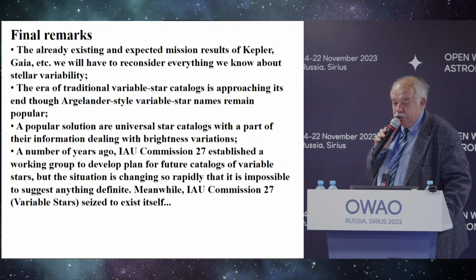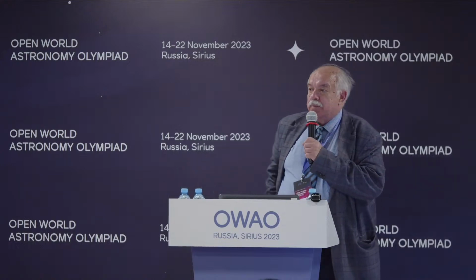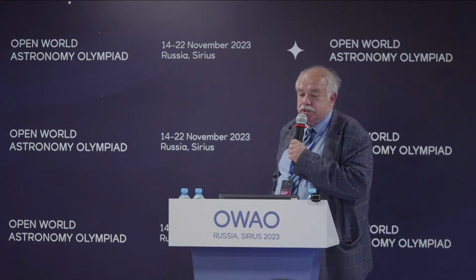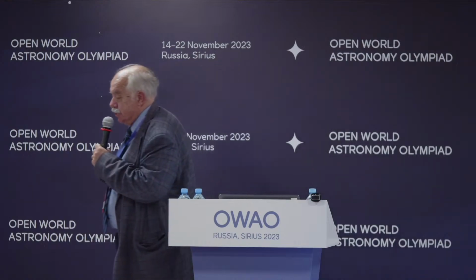And the International Astronomical Union, something like 15 or 20 years ago, began to think seriously about that. There was Commission 27, Variable Stars, and it established a working group to develop a plan for future catalogs. But the situation is changing.